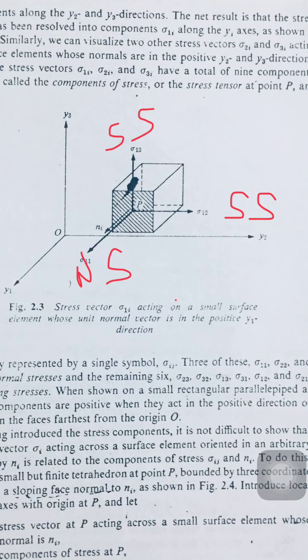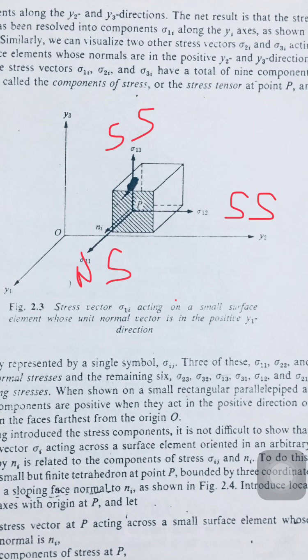What we have written in red letters, NS means normal stress, SS means shearing stress. When we take the y1 axis, only sigma 11 is a normal stress, sigma 12 is a shearing stress, sigma 13 is a shearing stress. Similarly, if I take direction y2, then sigma 21 is a shearing stress, sigma 22 is a normal stress, and sigma 23 is a shearing stress.